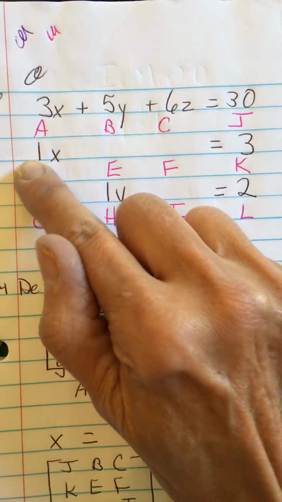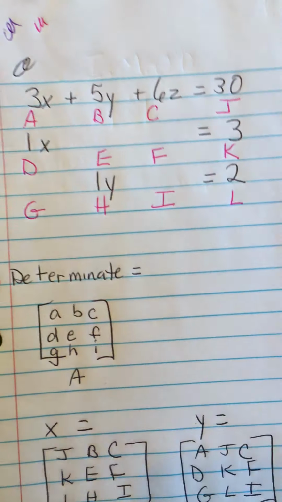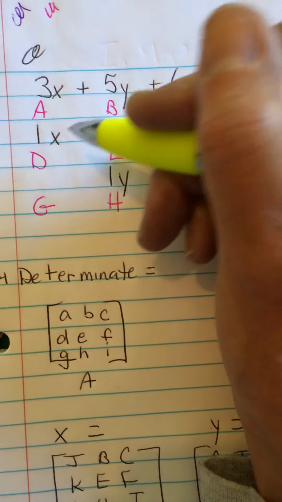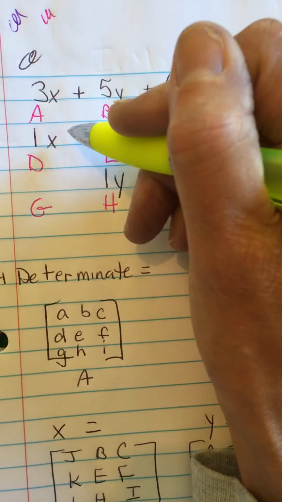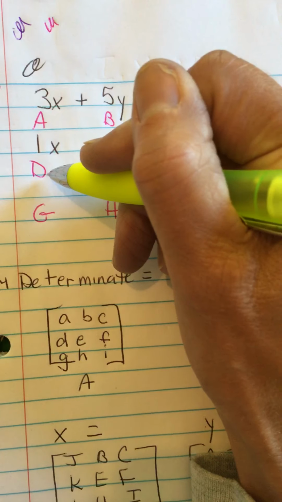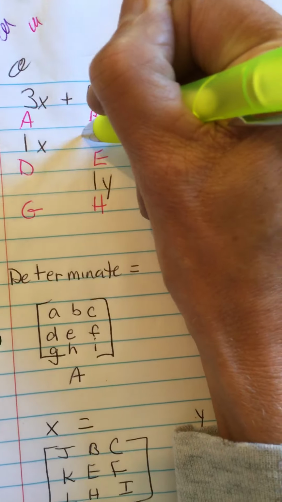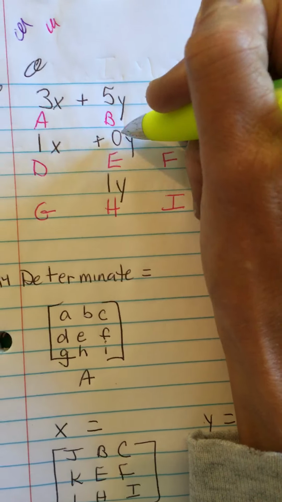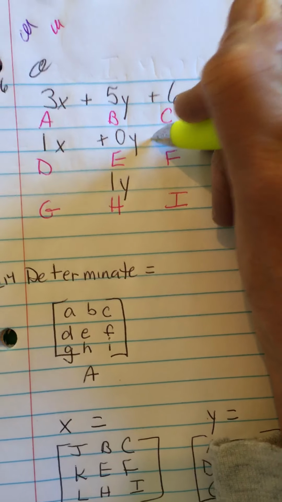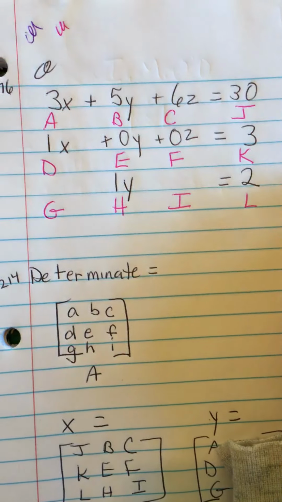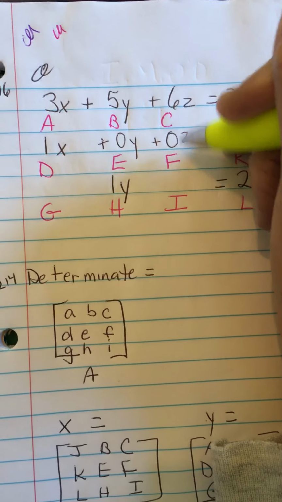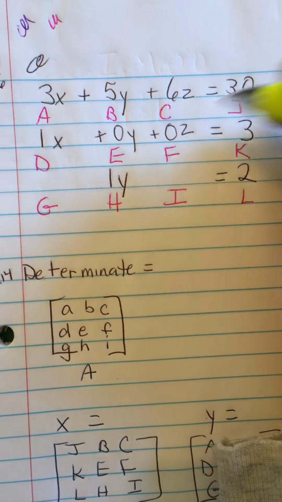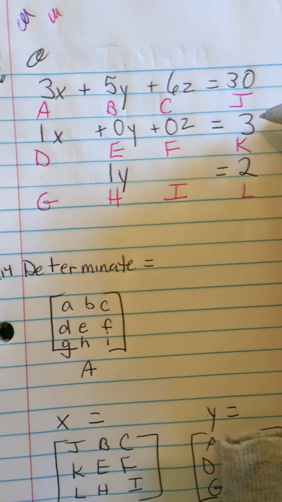Then you go down here, and here's your next equation. There's an understood 1, so 1 is the D coefficient, and we don't have a Y coefficient for this one, so the E coefficient is 0. And we don't have a Z coefficient, so the F coefficient is 0, but then K is 3.